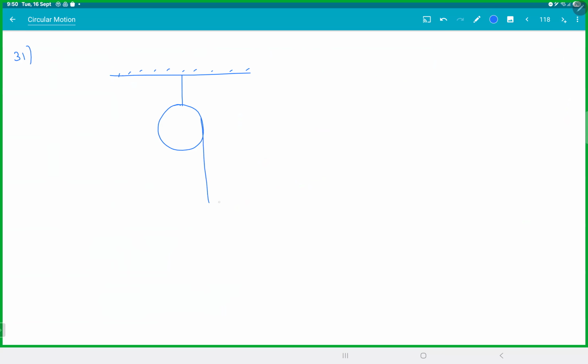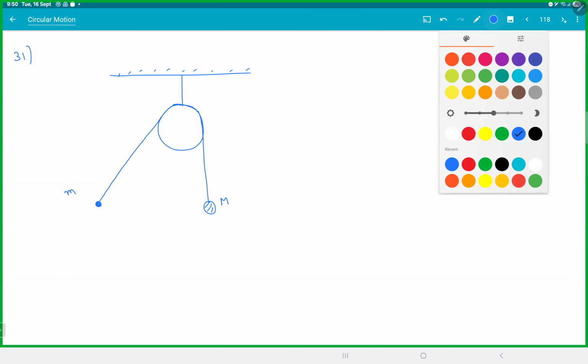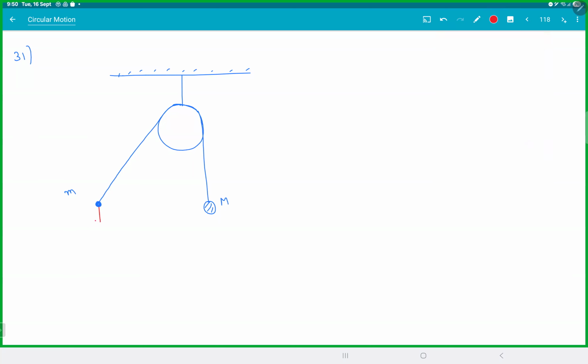Let's see. So we have a pulley here. We have a mass capital M. We have another mass here, small m. At this instant, this is given velocity v vertically. This is theta. This length is L. Gravity is present. You're getting the scenario?